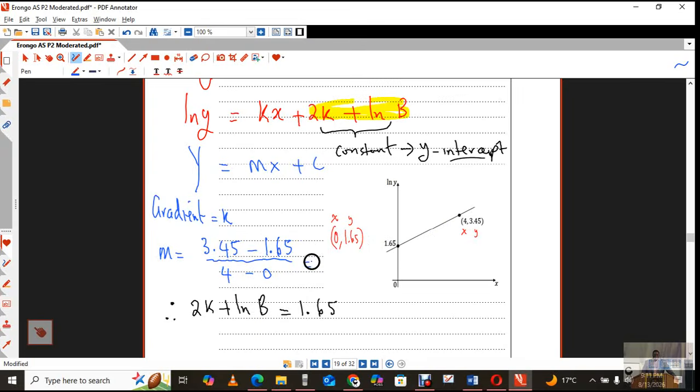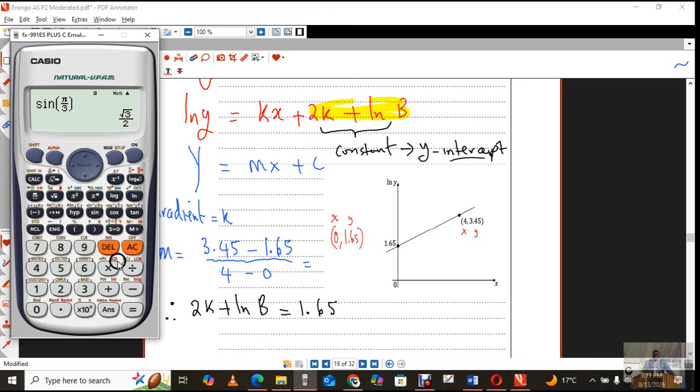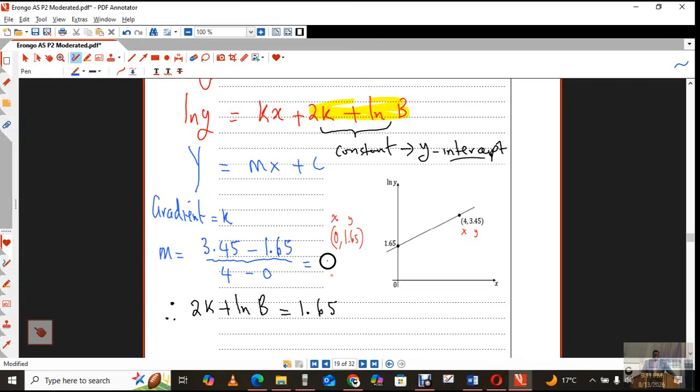So it's 3.45 minus 1.65, all over 4. That gives you 9 over 20, or 0.45. I'm going to go with 9 over 20. Good, that is k.